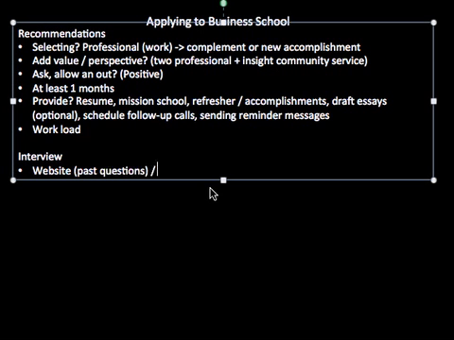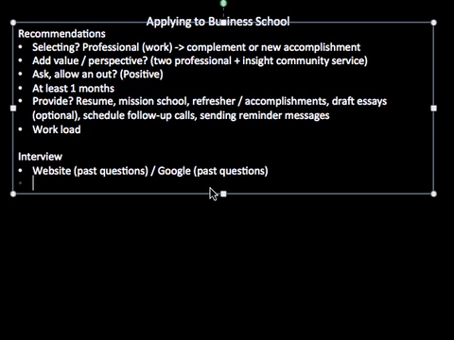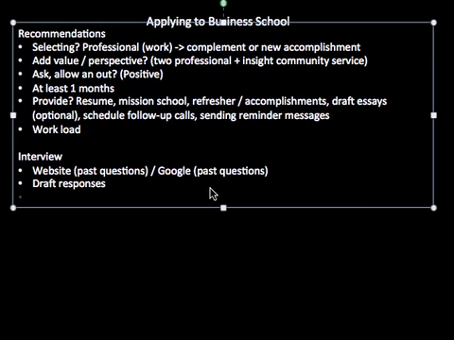Normally they don't, but if you go to Google, you will find websites that may have past questions to prepare. There's a website called, I think, Poets and Quants. You can search for that and use those and draft responses, maybe even bullets to the responses.